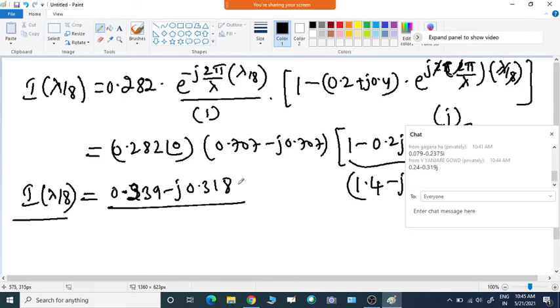So now we have to find out what is P of 0, and also P of lambda by 8. How can we find it out?